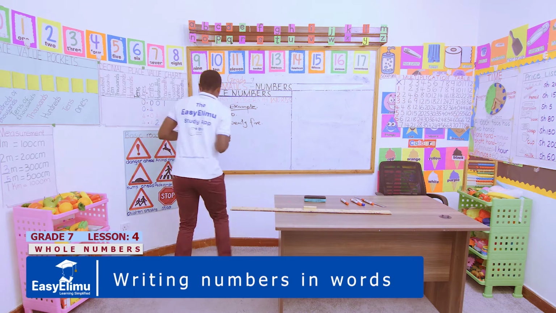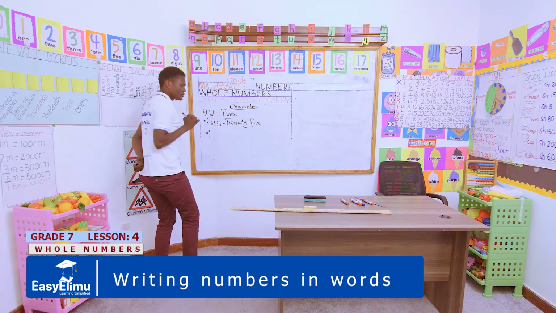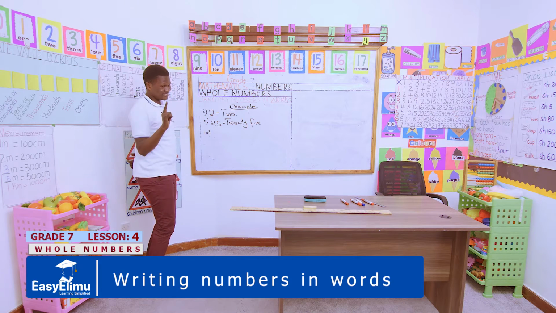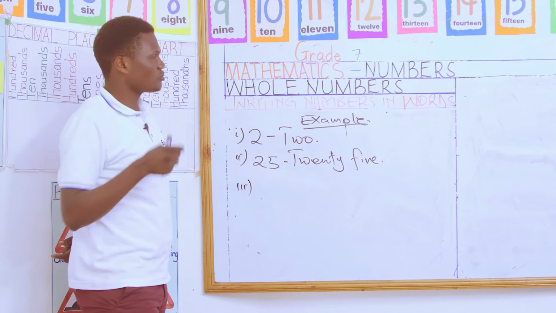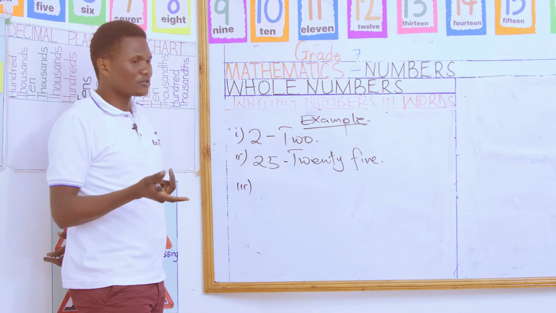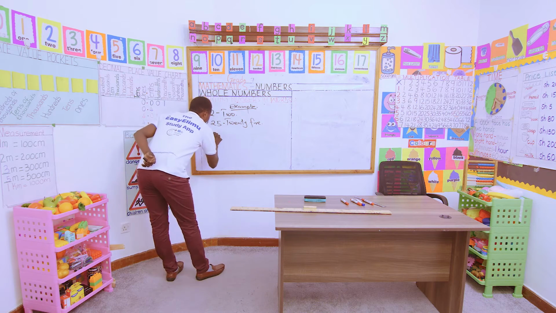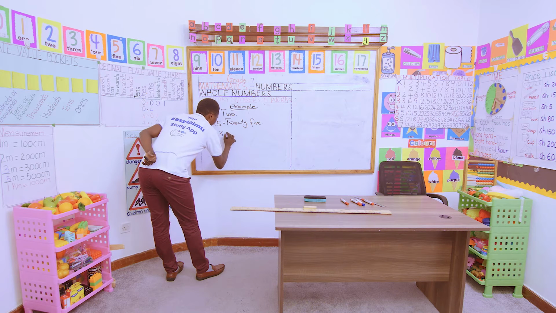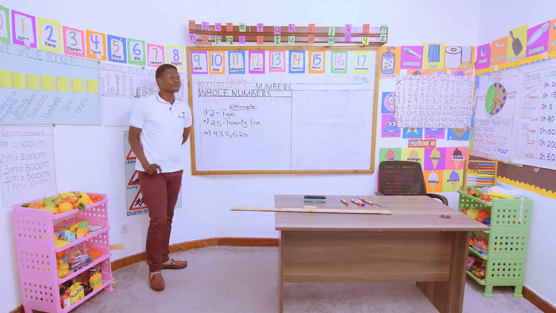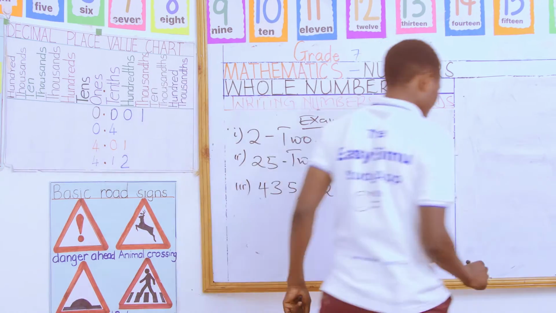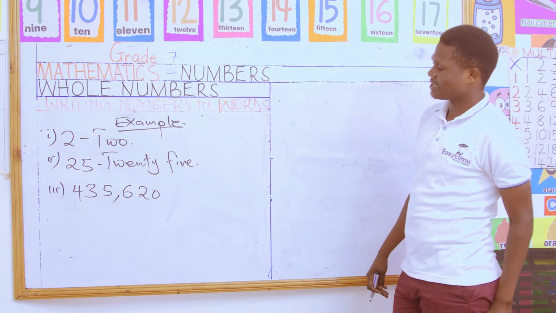So maybe to look at the third example, if someone gives you a number, I will not be reading the numbers. I want you to read the numbers for me, because if you are able to read the number, then you can actually write down what you are reading. By so doing, you have written that number in words. So let me give you a number like 435,620. Who can read that number for us? Yes, Angela?